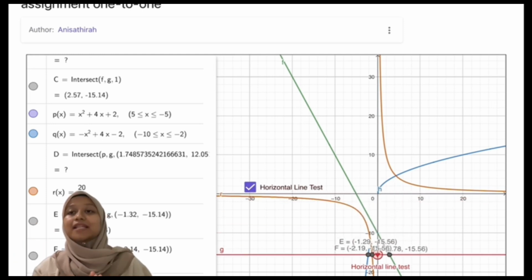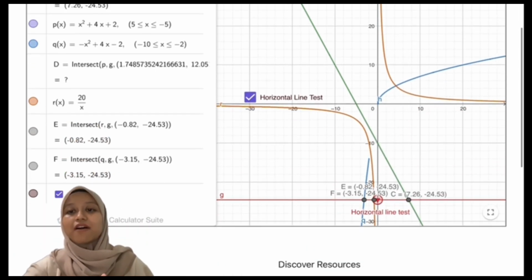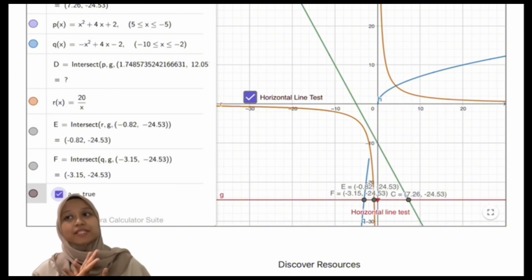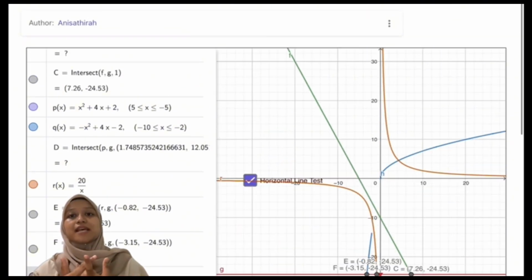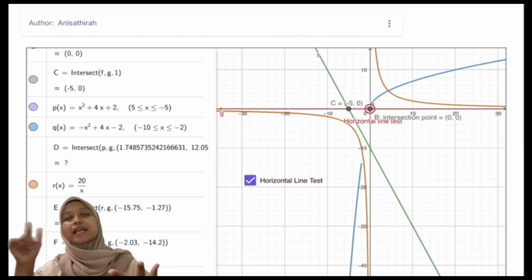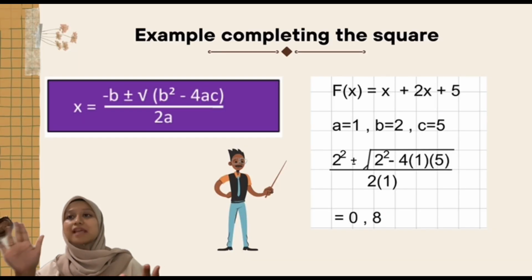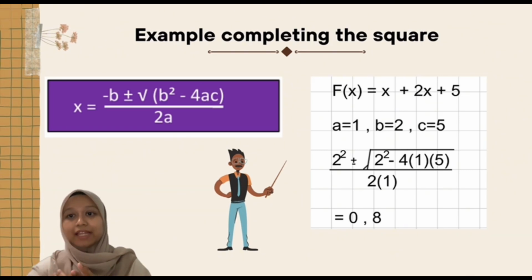So, in this GeoGebra also, I have attached 4 examples of linear equations. For one-to-one, at first, the example I showed you is the linear equation negative 2x minus 10, with a straight line. This graph proves there is only one intersection touching the horizontal line test.